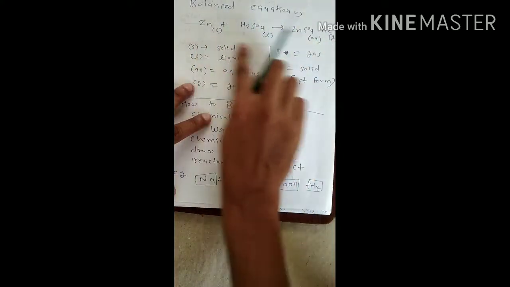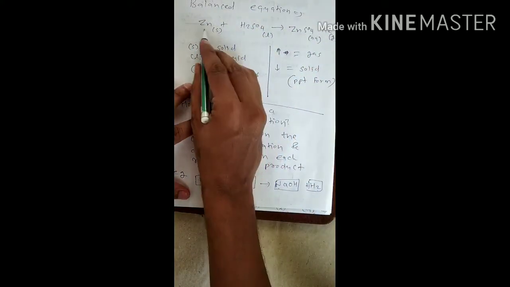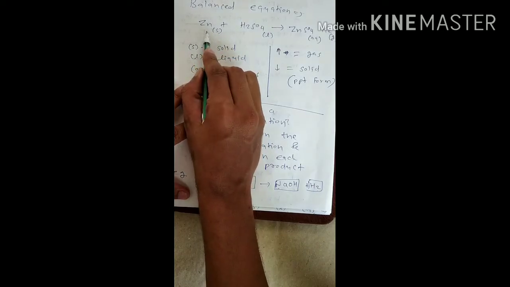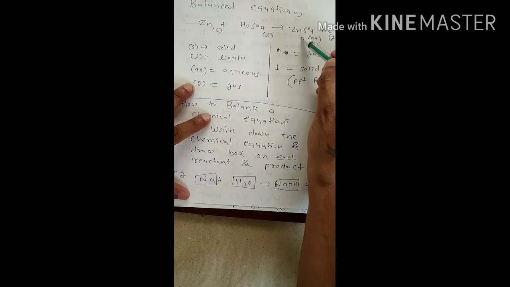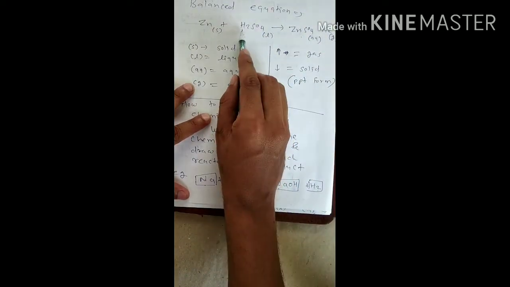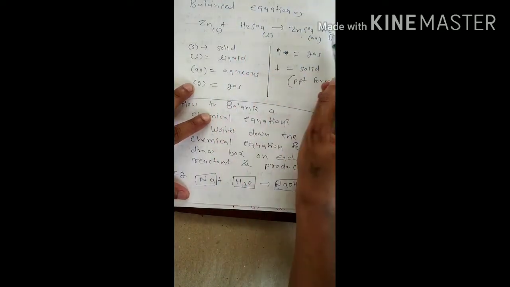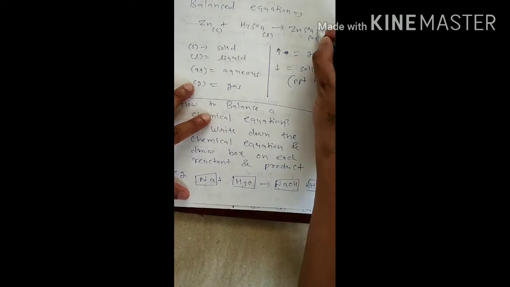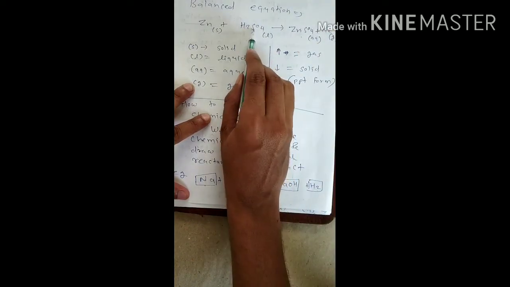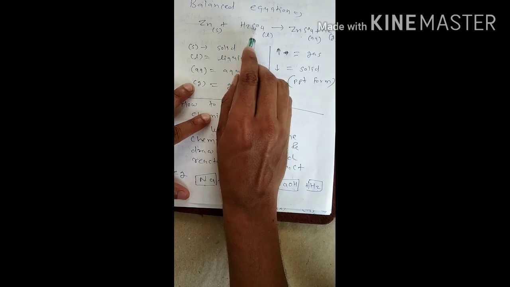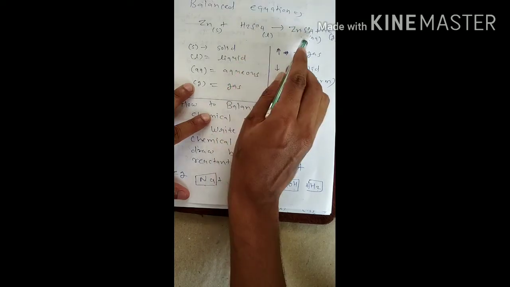Look at this equation. Here the number of Zn atoms is 1 on the reactant side and 1 on the product side. Number of hydrogen atoms 2, 2. Number of sulfur atoms 1, 1. Number of oxygen atoms 4, 4.